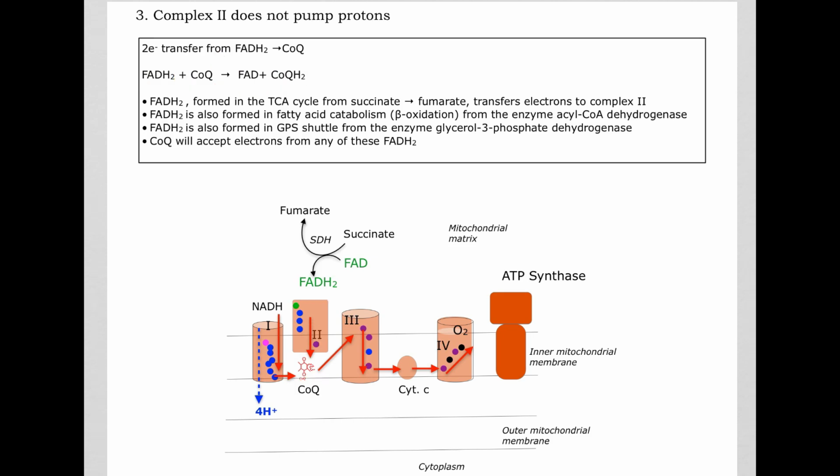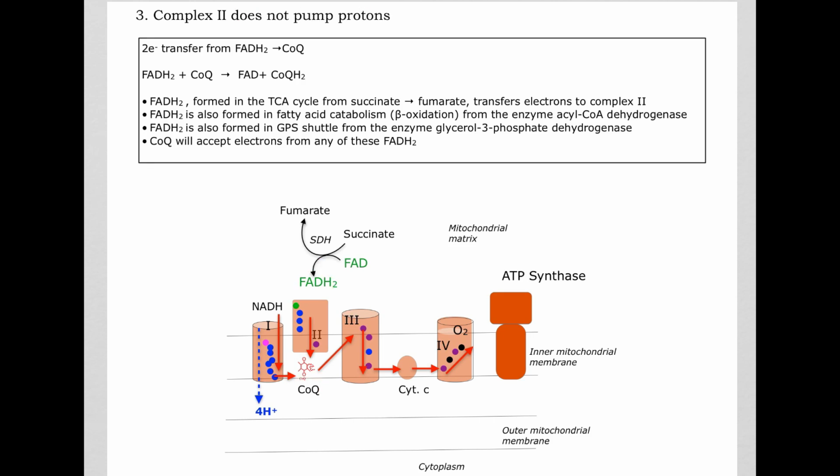Note that unlike complex 1, complex 2 is not a proton pump. Complex 2 does not pump protons. It simply transfers electrons from FADH2 that is formed in the Krebs cycle to coenzyme Q.